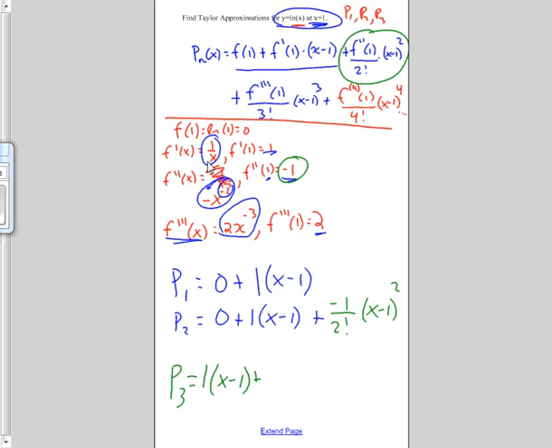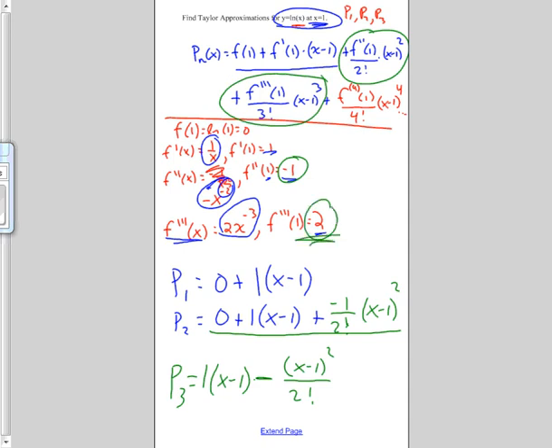and instead of plus, so minus x minus 1 squared over 2 factorial. That's just P2. And then I need to add this last little section. So f triple prime of 1 is 2.